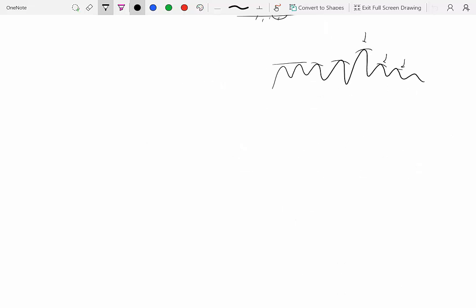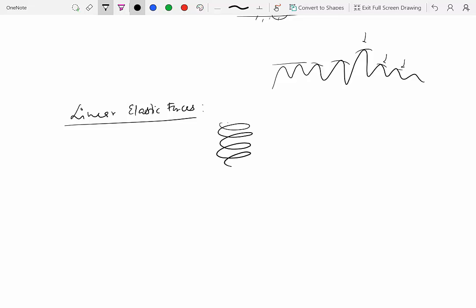Another kind of force that we will often see in this class is called linear elastic force. Linear elastic forces typically are given rise to by springs, things that look like this, but there are real life objects that can also act as a spring. In fact, pretty much anything out there that has elastic behavior can be seen as an elastic element or a spring.